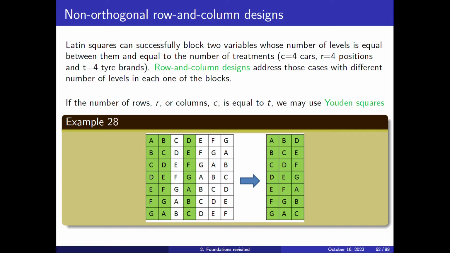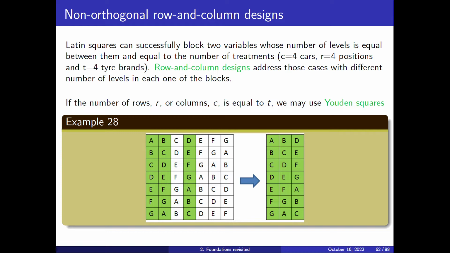So we had 4 cars, 4 positions, and 4 tire brands. What happens if the number of levels of the blocking variables is not the same as the number of treatments of the treatment variable?